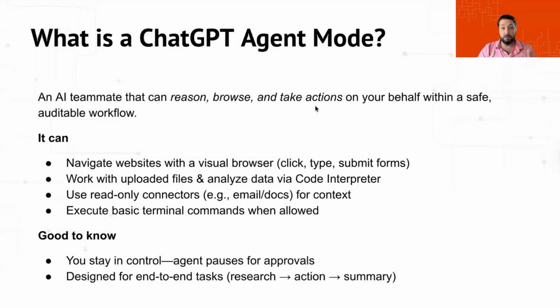It can log in. It can do work. It can navigate to your Google Drive or your OneDrive, look in folders, find information, and do things with that. Additionally, it can go one step further and even potentially draft the email and send the email on your behalf. So it's a big change as it goes forward.